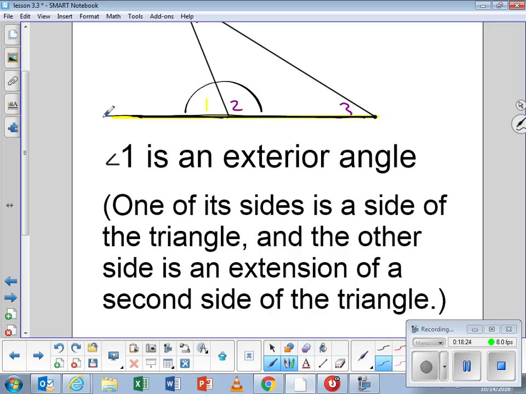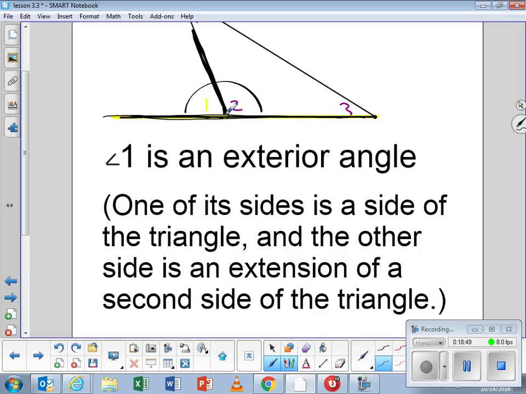Okay? And then the other side of angle 1, I shouldn't have said extension from angle 2. I meant to say extension from angle 3. And then the other side of angle 1 is the same side as angle 2 of the triangle. So that's how we're going to think of the definition of an exterior angle.